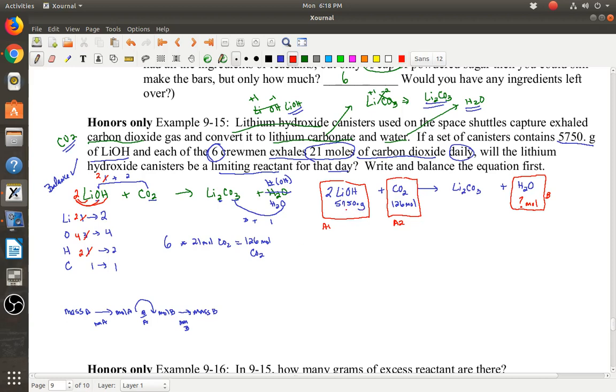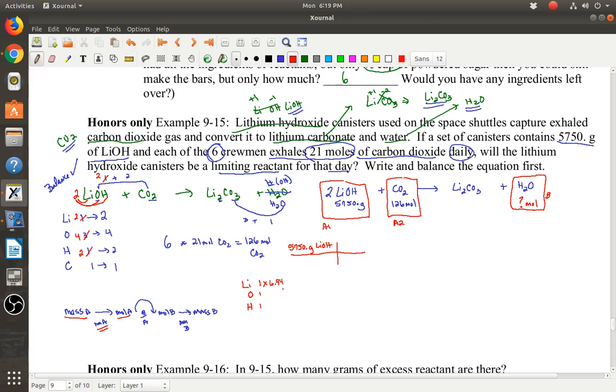All right, we start with what we know. And like I said, you have to write small. So 5,750 grams of lithium hydroxide. And so I'm starting with mass of A. To go to the moles of A, I need the molar mass. So I need the molar mass of lithium hydroxide. I'm going to calculate that right here. Lithium, oxygen, hydrogen. I'm looking on my periodic table. Lithium is 6.94, and there's one of them, 1 oxygen, 1 hydrogen.